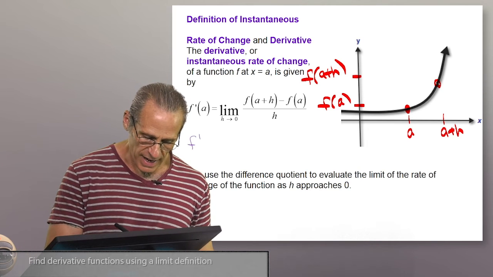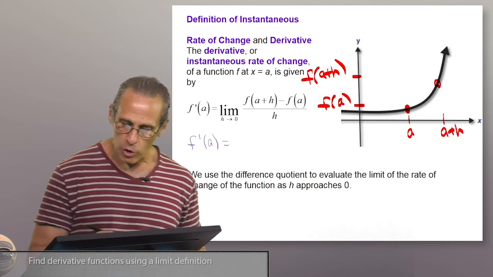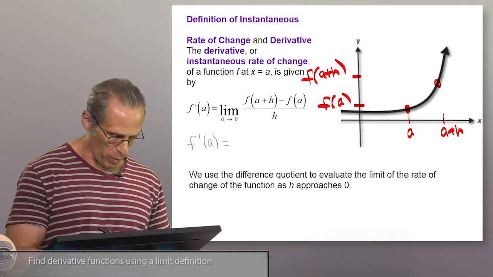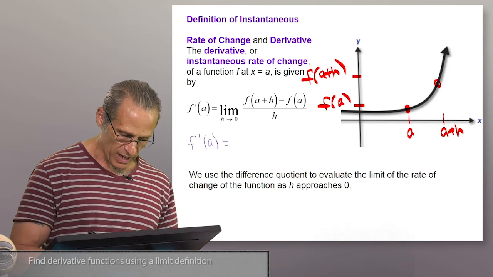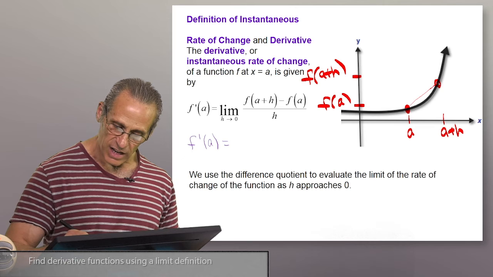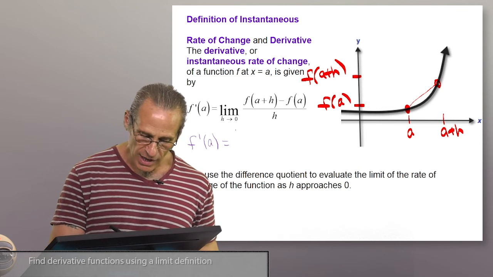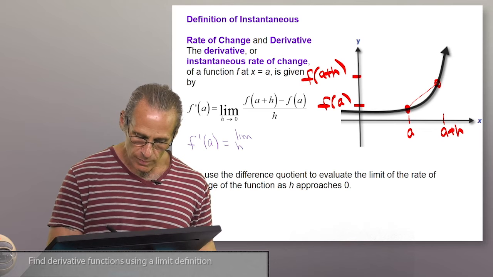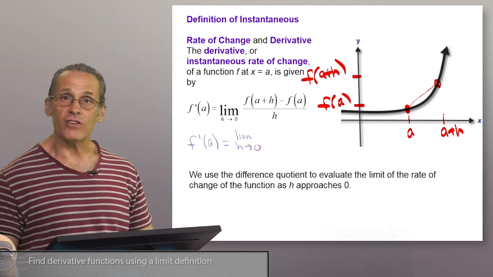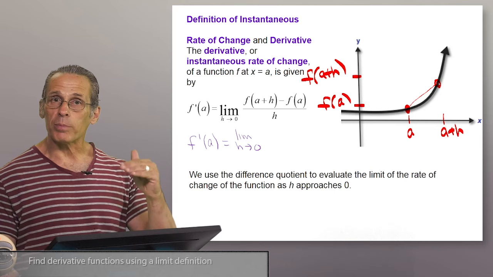So the derivative at a would be the slope of the secant line connecting the 2 points. You say secant line, I say, yeah, secant line. It's right there. But if we allow h to go to 0, the slope of that secant line is just a slope. Change of output per change of input.